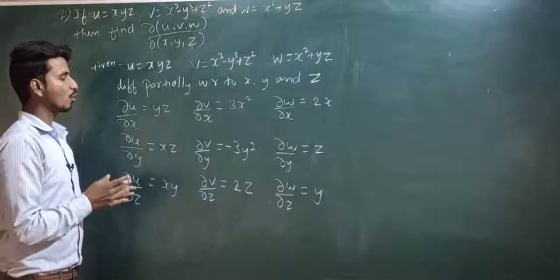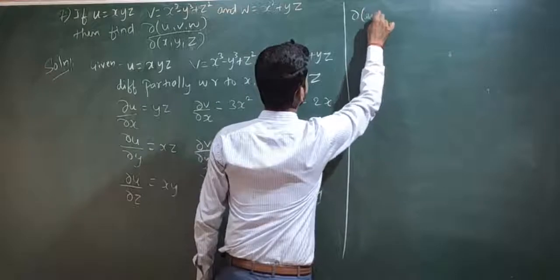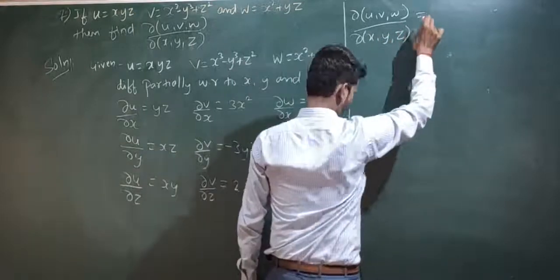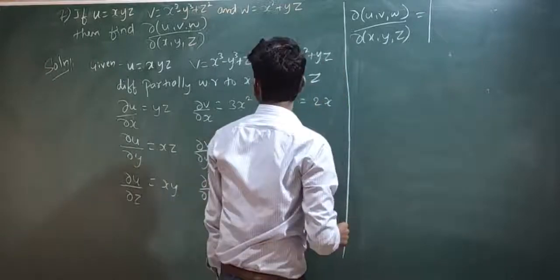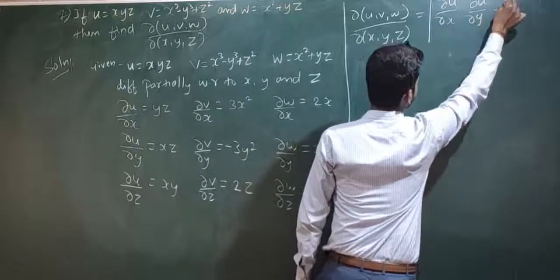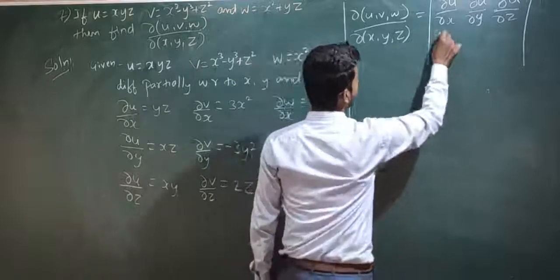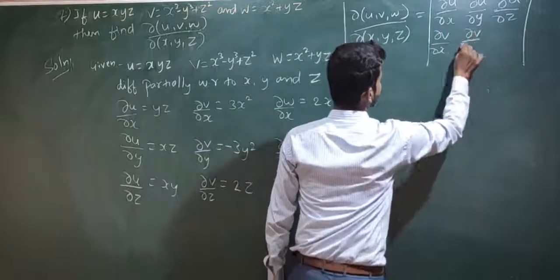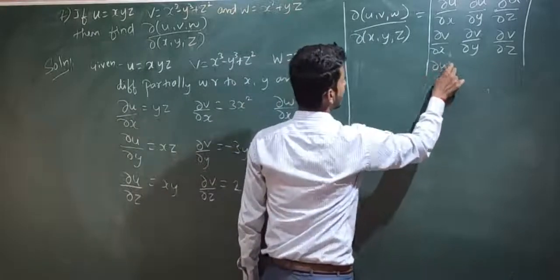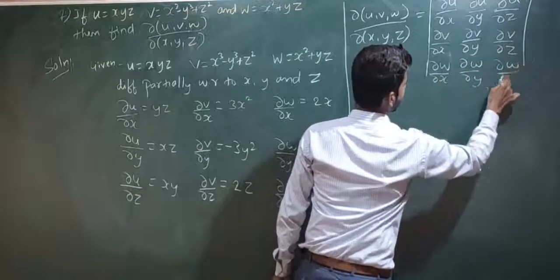Now we have to write it in the Jacobian form, that is ∂(u,v,w)/∂(x,y,z), which is equal to the determinant with first row ∂u/∂x, ∂u/∂y and ∂u/∂z, next row ∂v/∂x, ∂v/∂y and ∂v/∂z, and next row ∂w/∂x, ∂w/∂y and ∂w/∂z.